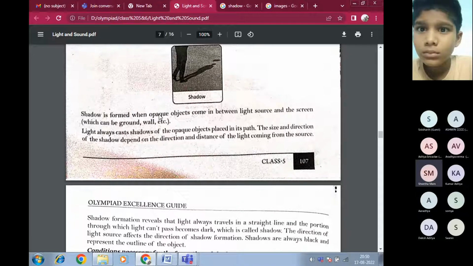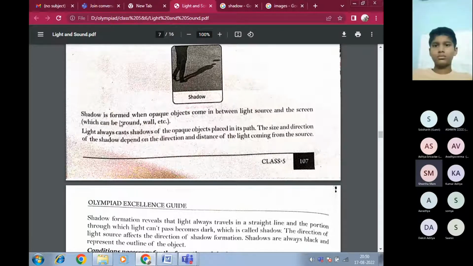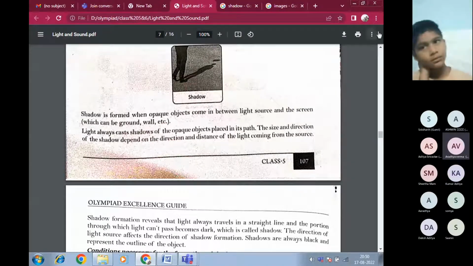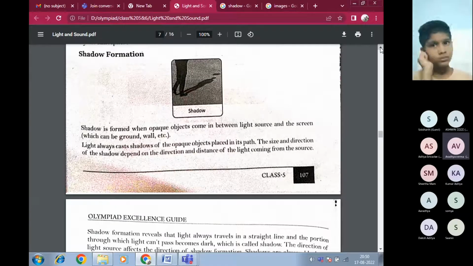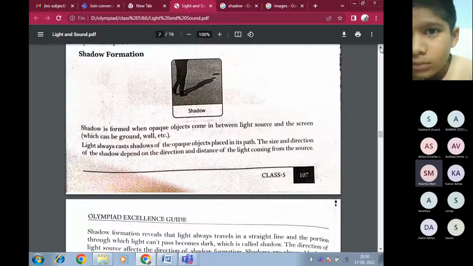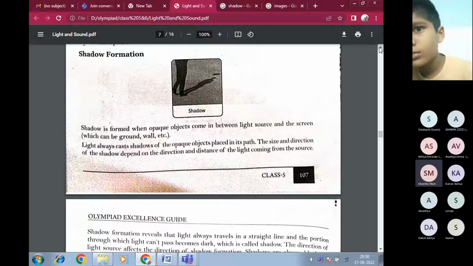You have these definitions in your books, is it there? Not there. I'll ask Ranjan sir to send all this to you. Ma'am, can we take a screenshot? Yeah, if you can take the screenshot, you take it.